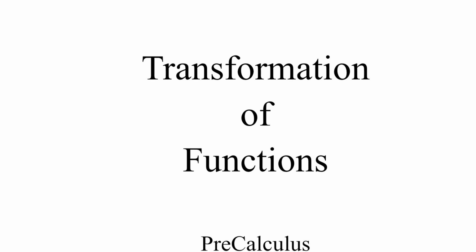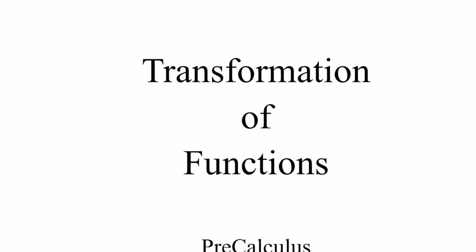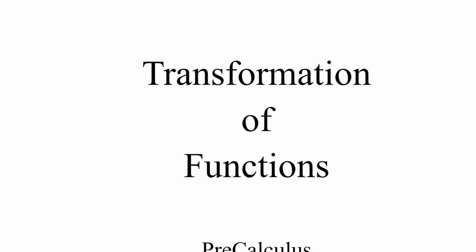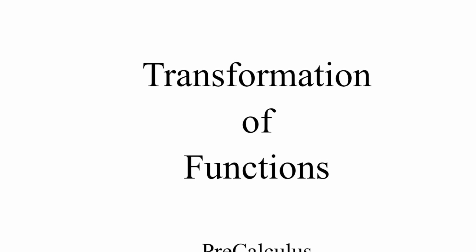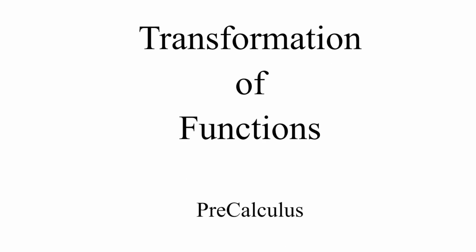Horizontal transformations are a little trickier to think about. When we write g of x equals f of 2x plus 3, for example, we have to think about how the inputs to the g function relate to the inputs to the f function. Suppose we know f of 7 equals 12. What input to g would produce that output?